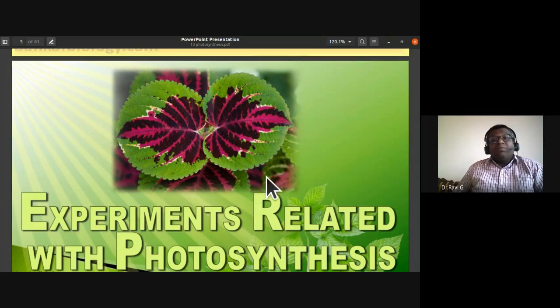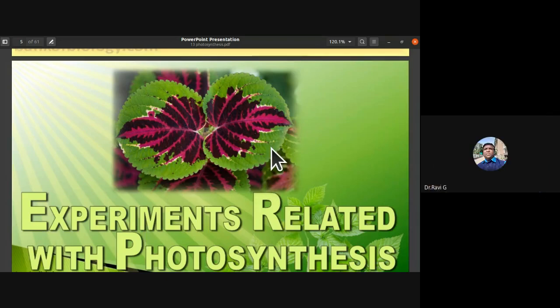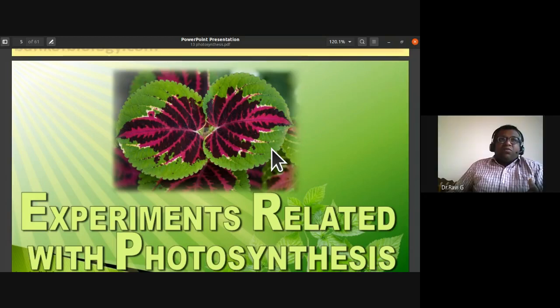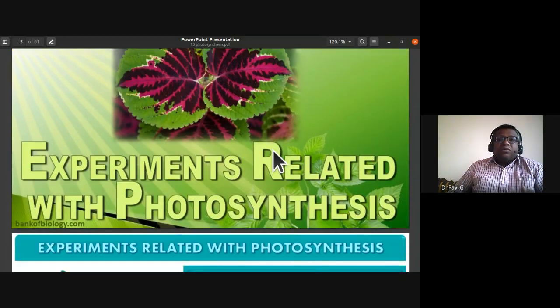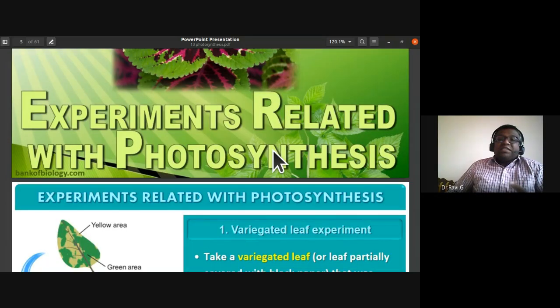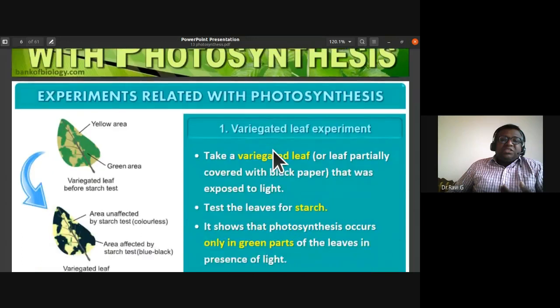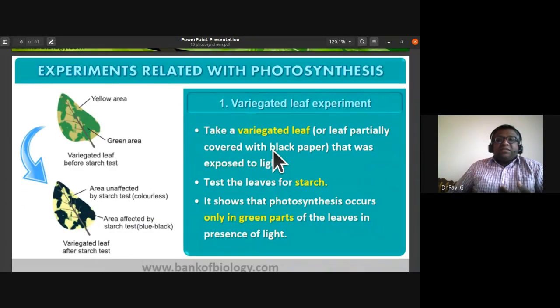So historically, how we came to know that the raw materials for photosynthesis are carbon dioxide, and that photosynthesis liberates oxygen? All this was discovered step by step by scientists through various experiments. Let us study some of these experiments related with photosynthesis.